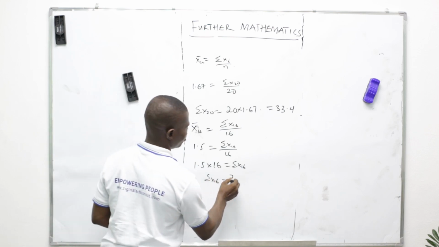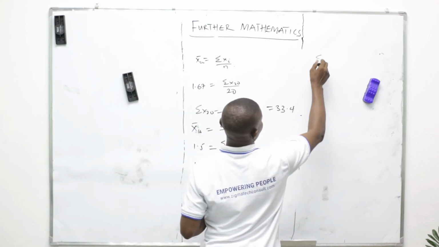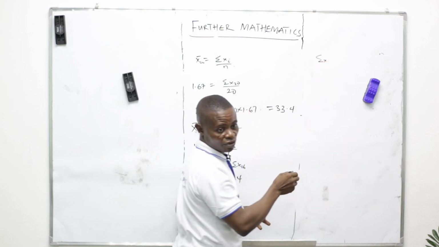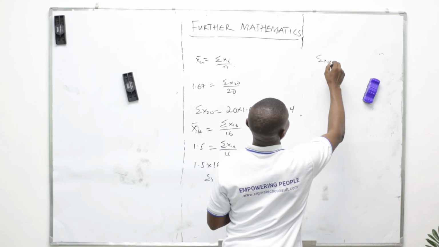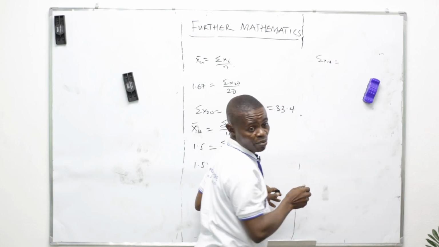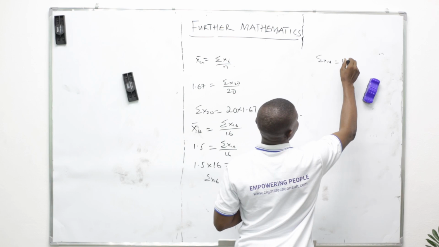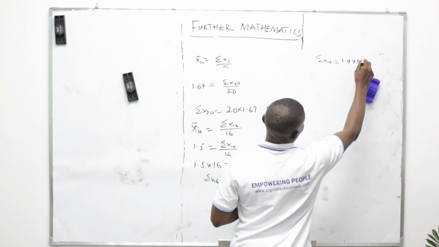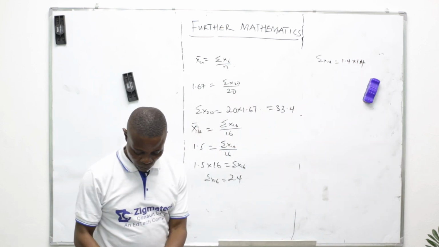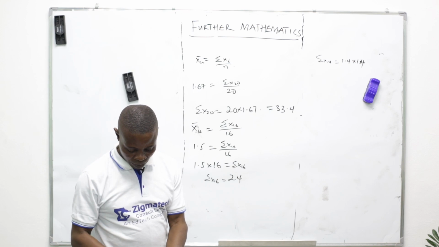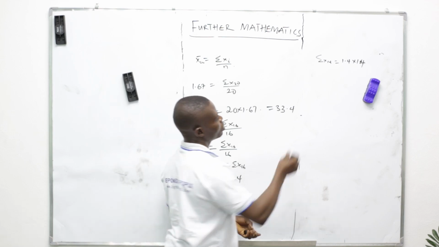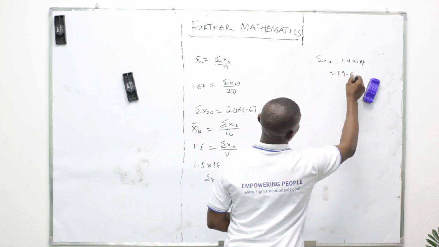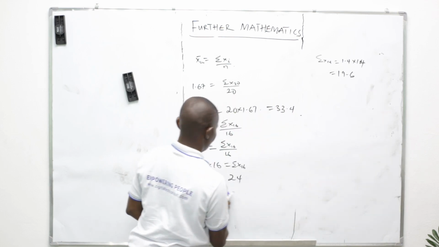which is 24, and summation x14 equals the mean, 1.4 times 14, which is 19.6. Okay.